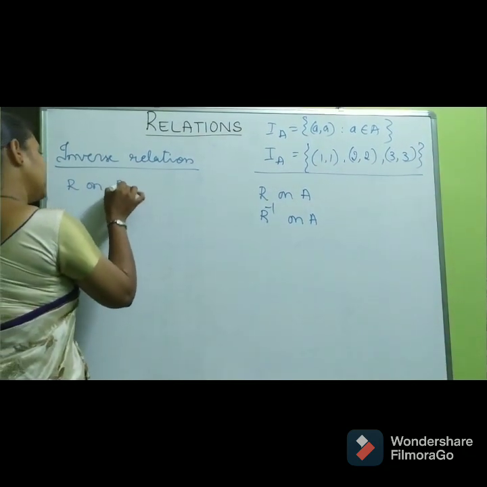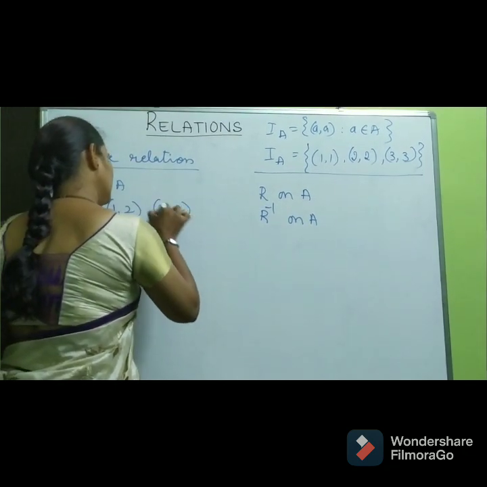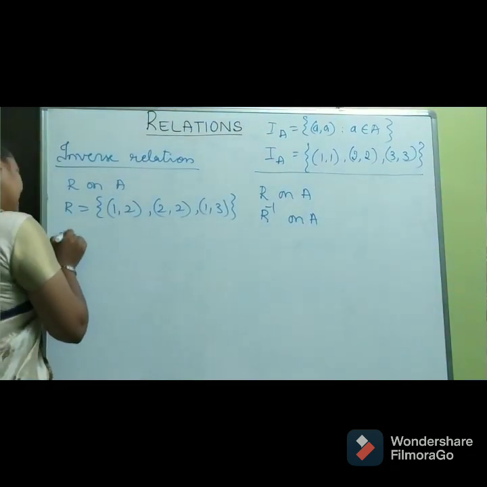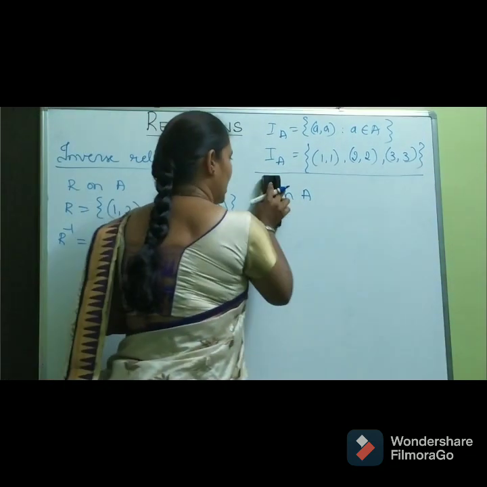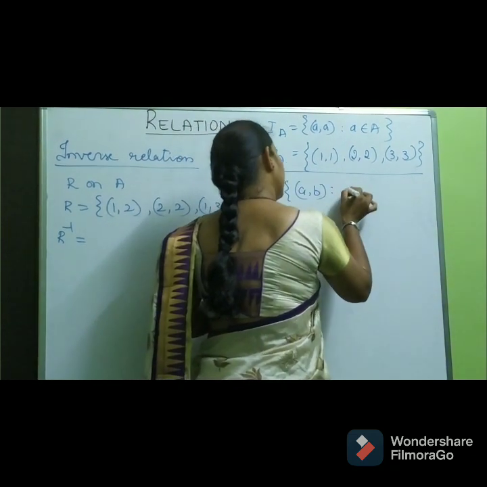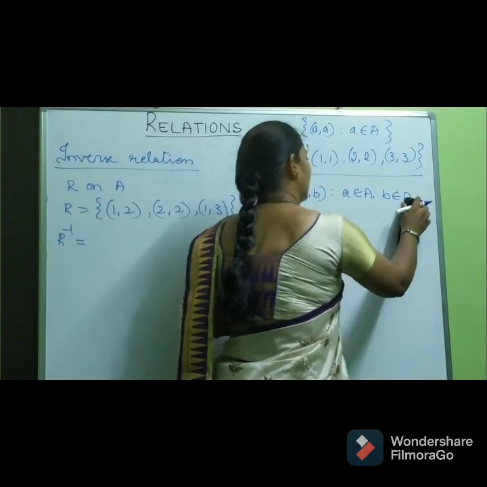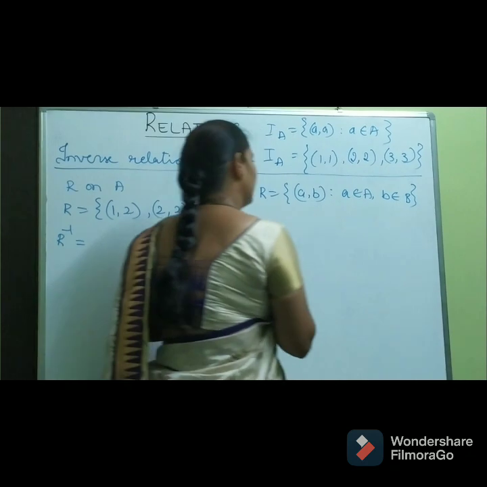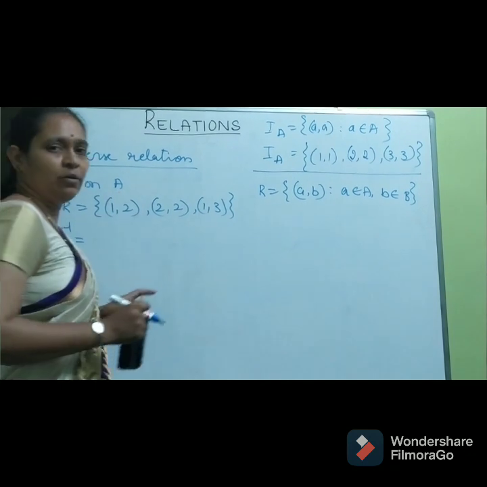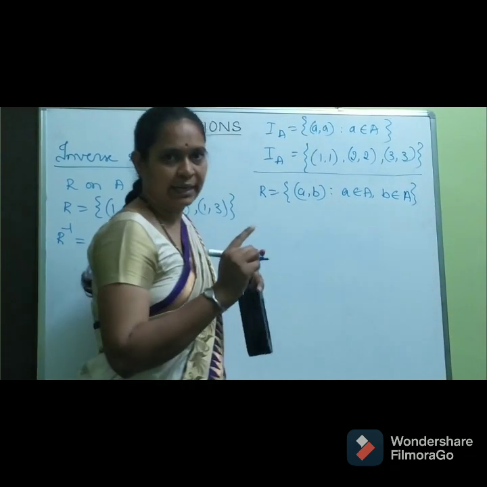R is a relation on A, so a belongs to A and b belongs to A. This is the difference I am telling.